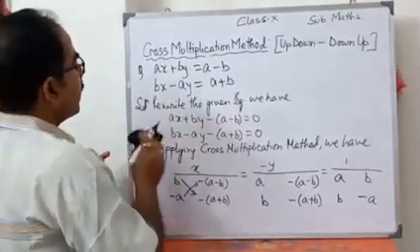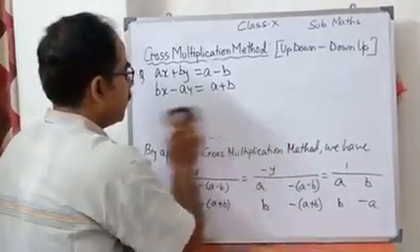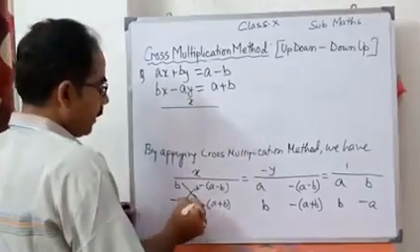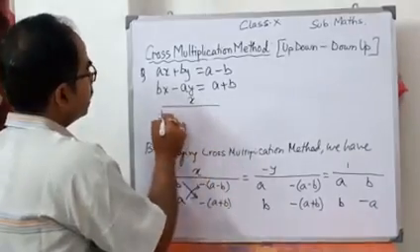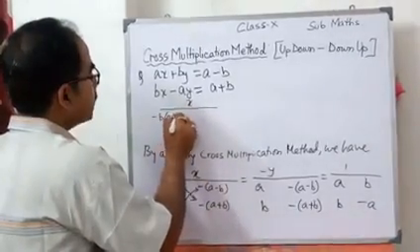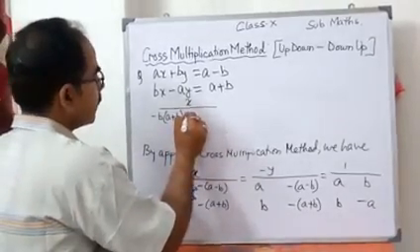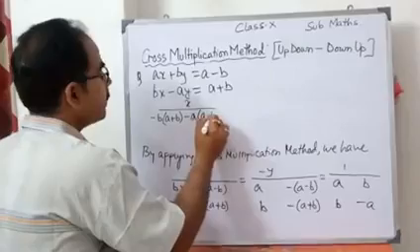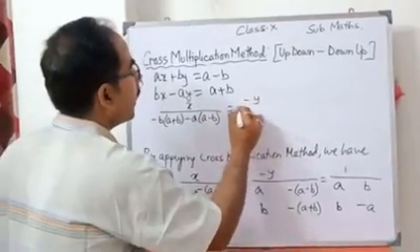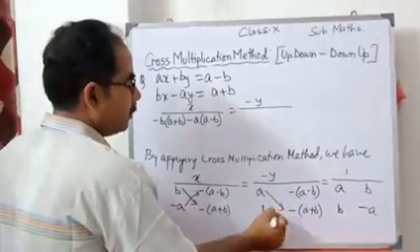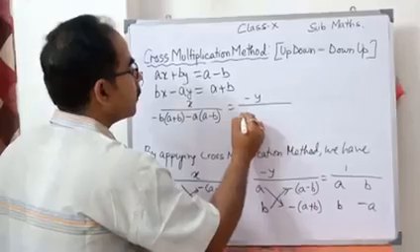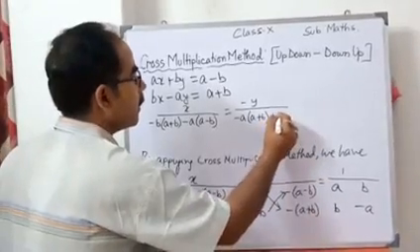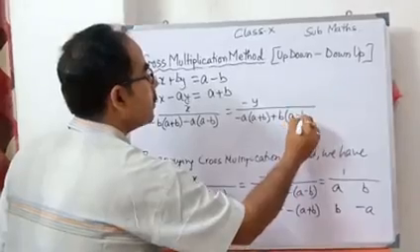What you are getting, let me write at the top. So x by, b multiplied by this one, that means minus of (a plus b), minus, and ultimately minus a into (a minus b), equal to minus y by, again up down minus down up, so a into this one, so minus (a plus b), and minus minus plus b into (a minus b), correct students?